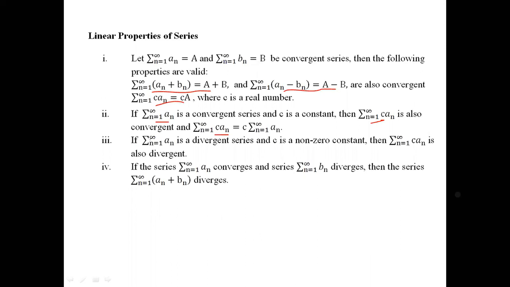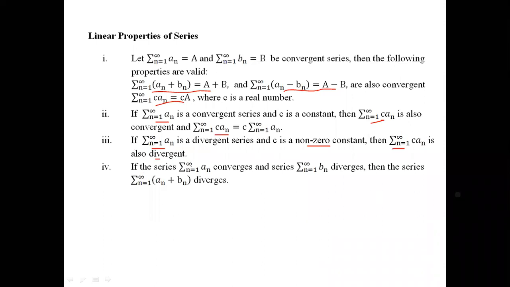Then if sigma AN, where n ranges from 1 to infinity, is a divergent series and C is a non-zero constant, then sigma CAN is also divergent. This is very easy to understand. Since this is divergent, even if you have C, which is a non-zero constant, multiplying, the resultant will still be divergent.